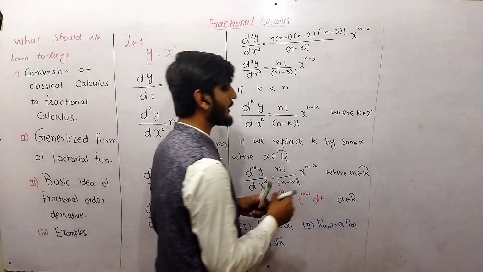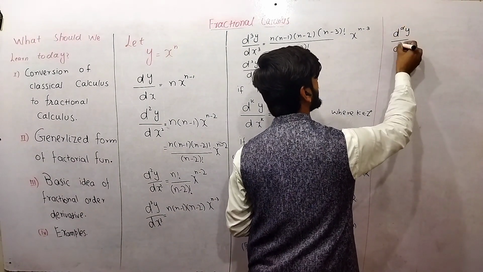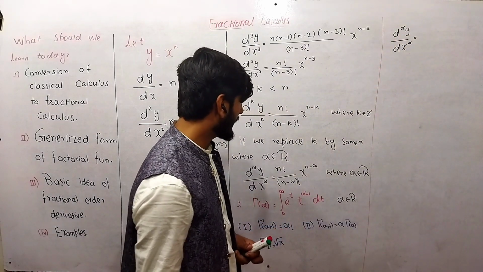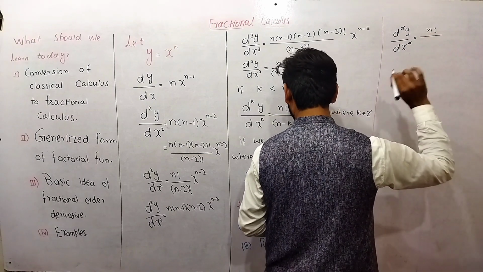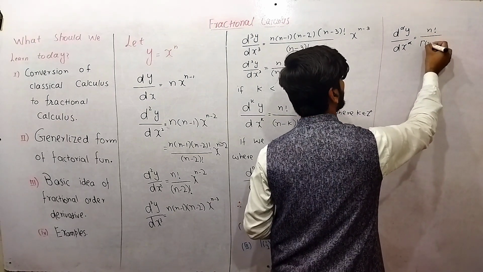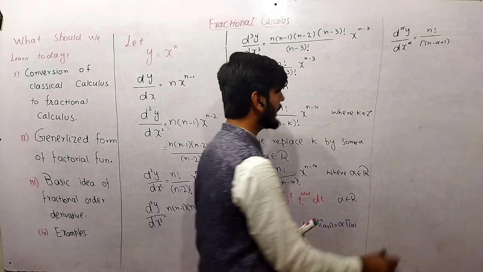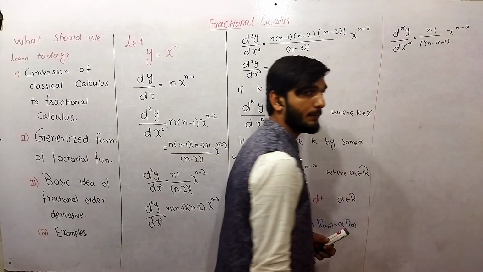So the result is d to the alpha of y over d x to the alpha equals n factorial over gamma of n minus alpha plus 1, times x raised to the power n minus alpha.